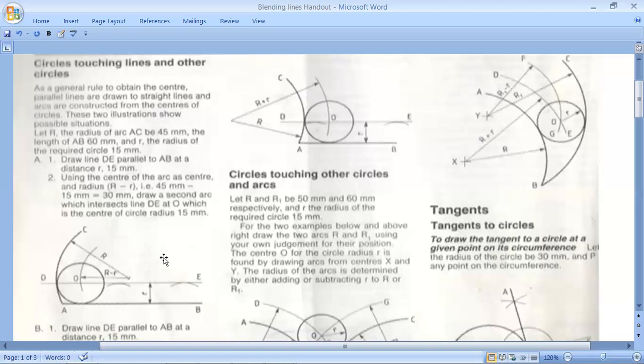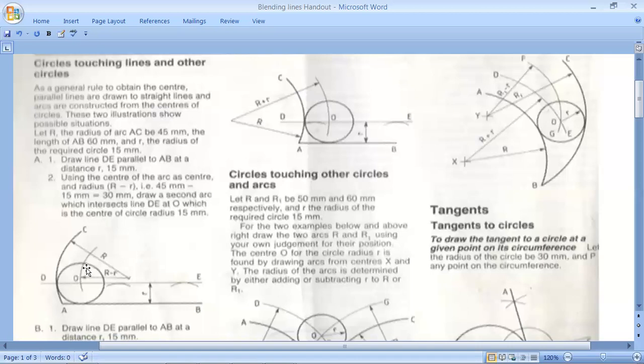Rule number one: if we're going to draw a circle, that we have here, touching one line and touching another circle, but the circle that you want to touch is covering the circle that you're going to draw, all right?